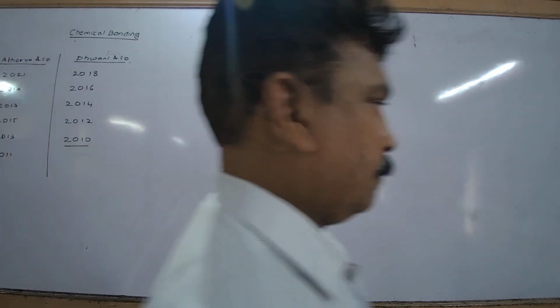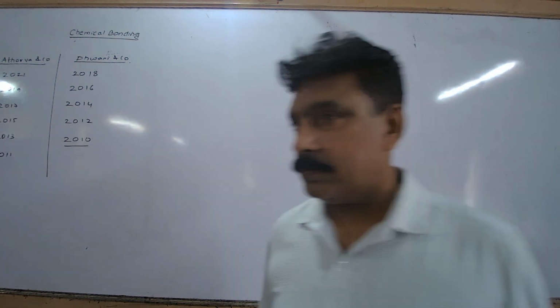छोटा छोटा. सर एल्यूमिनियम ऑक्साइड Al2O3.